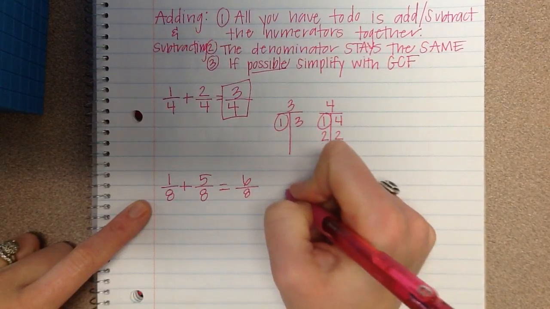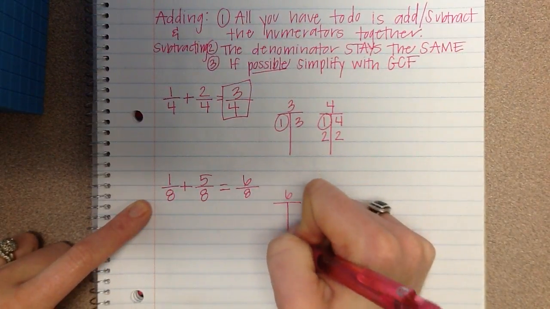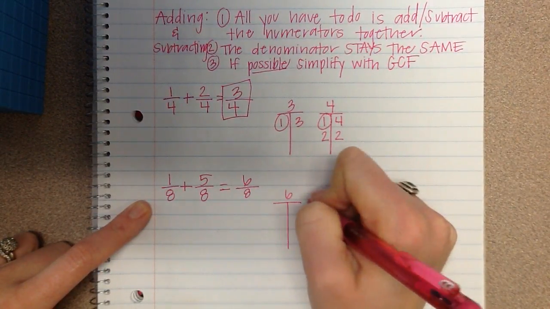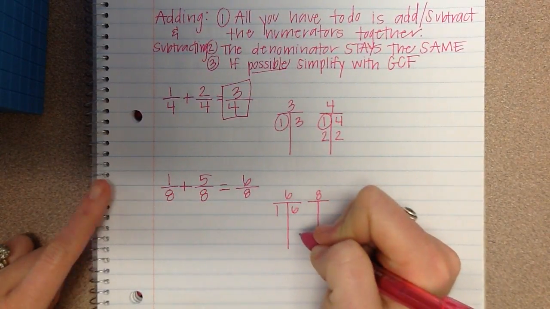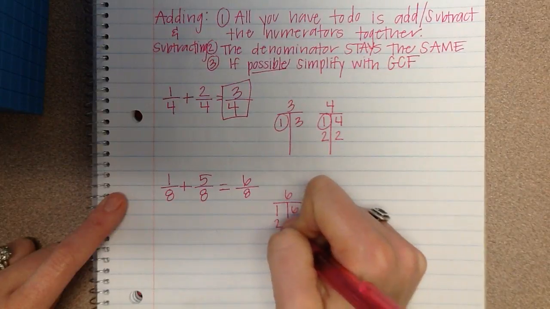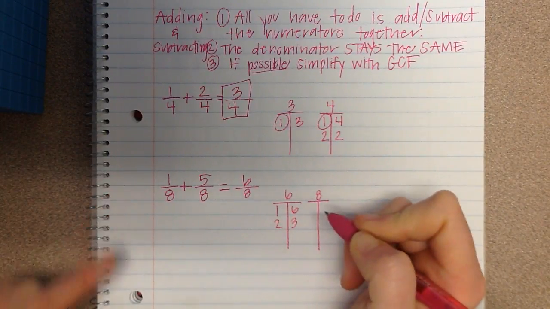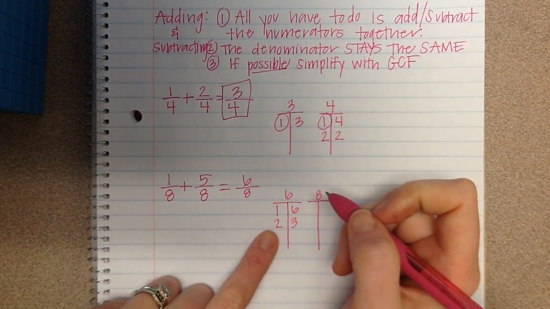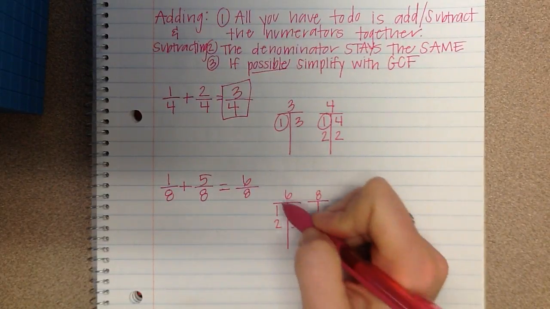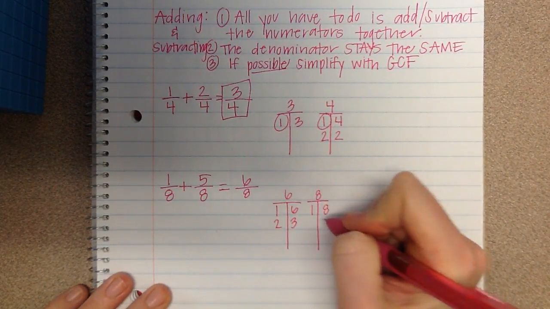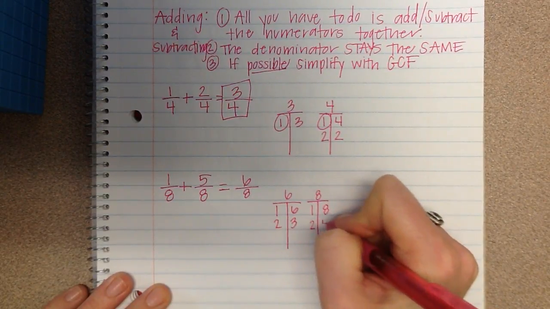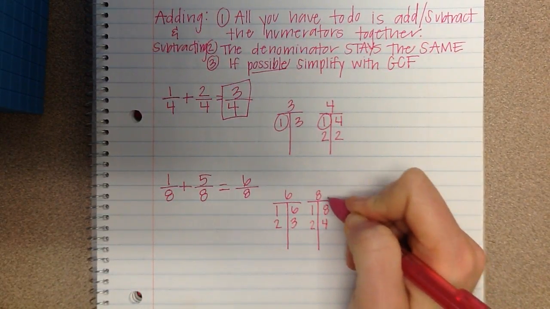So I'm going to do 6 and 8. 1 times 6. Does 2 times something equal 6? Yes, 2 times 3. Does 3 times something equal 6? Yes, 2. And there we're repeating, so we're done. 1 times 8, 2 times 4. Does 3 times something equal 8?